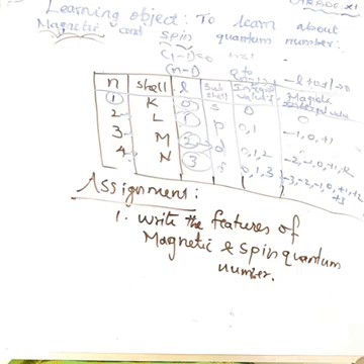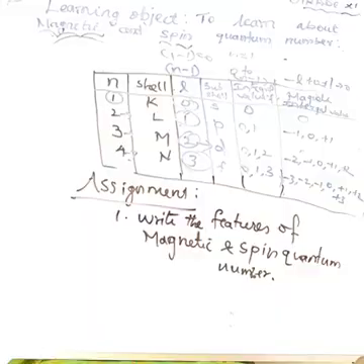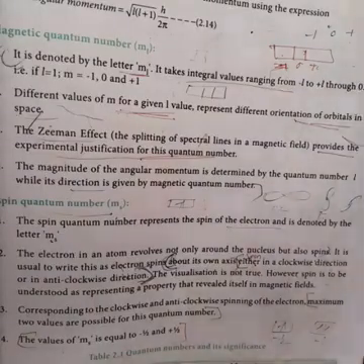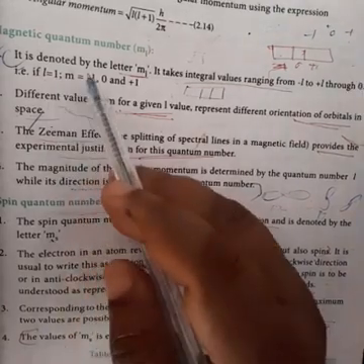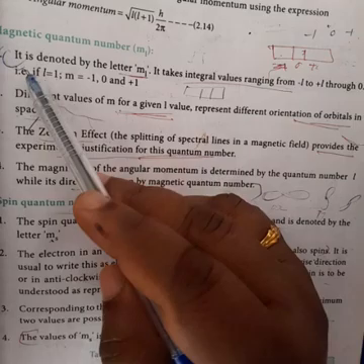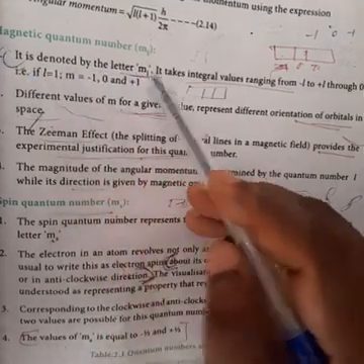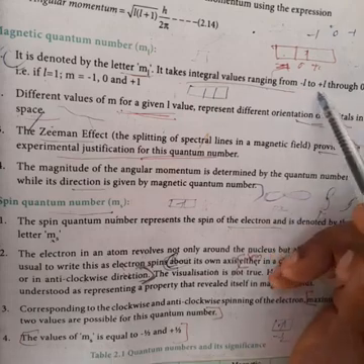Okay, if you have the book, take the book, page number 45. Magnetic quantum number ml. First point, it is denoted by the letter ml. It takes integral values ranging from minus l to plus l through 0.